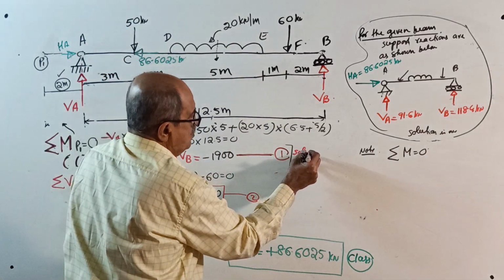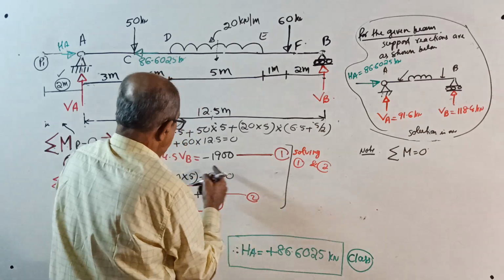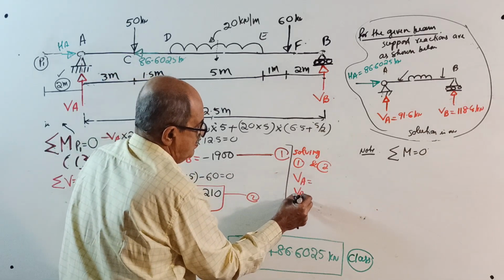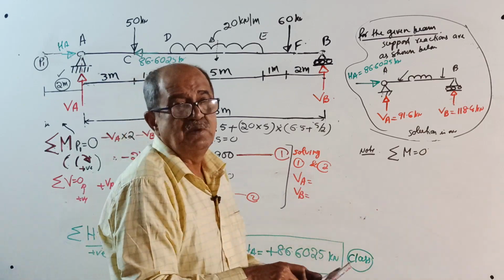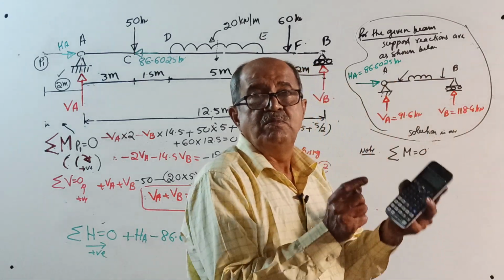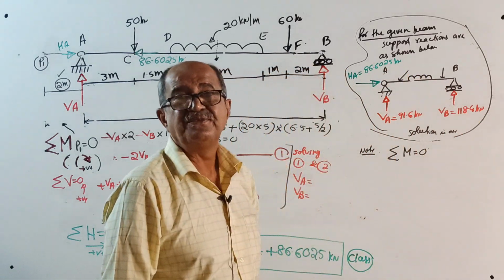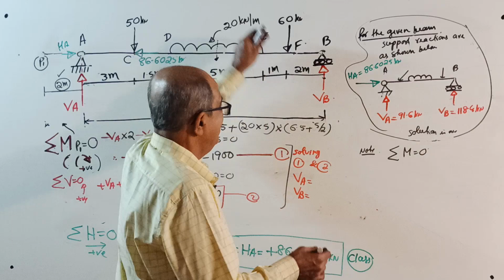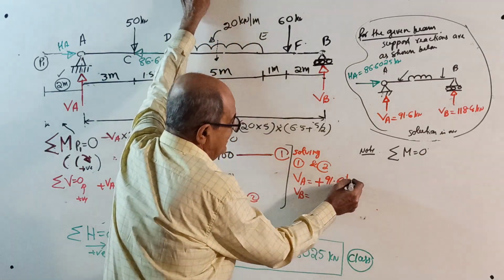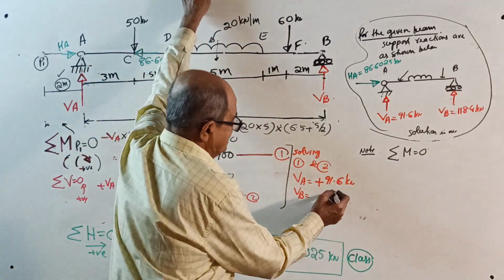Okay, now do one thing. Solving 1 and 2, you get the value of VA and VB. Use calculator, equation mode, go there, solve. Solved. VA will come plus 91.6 kilonewton.